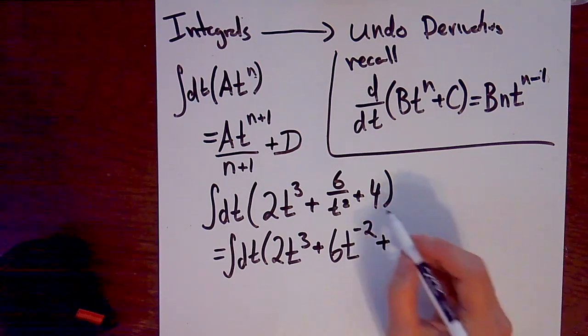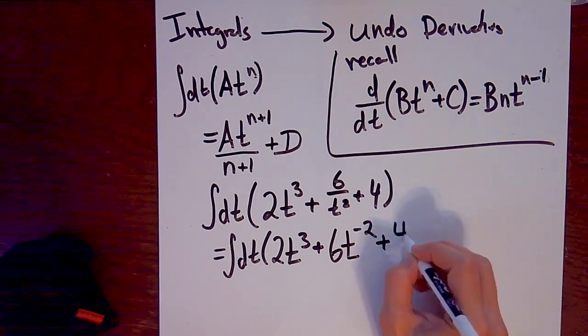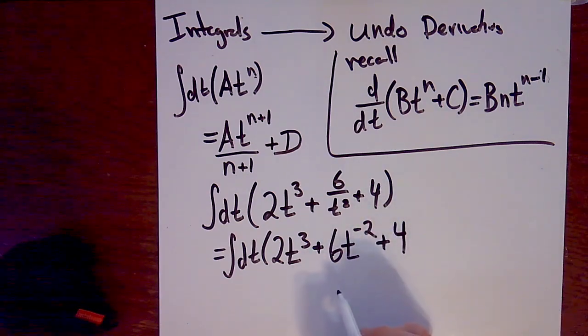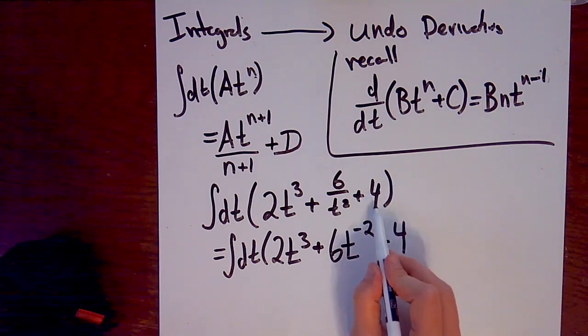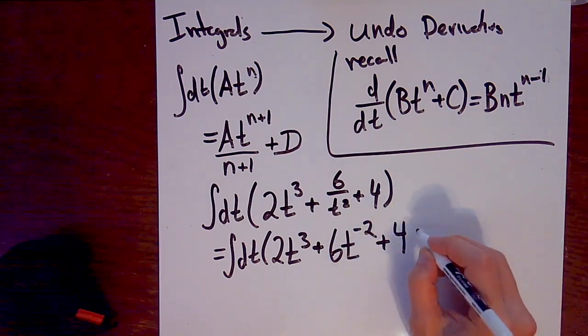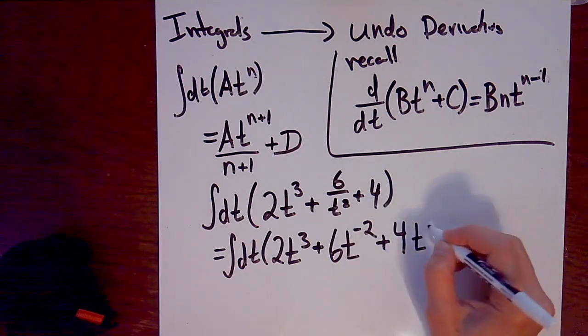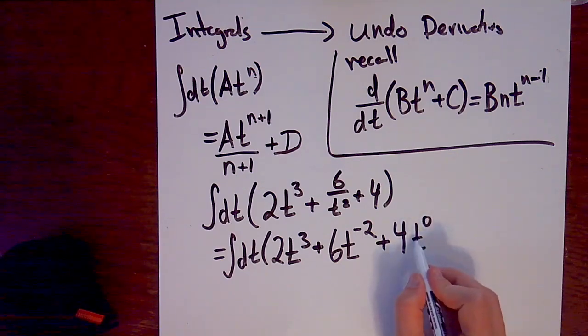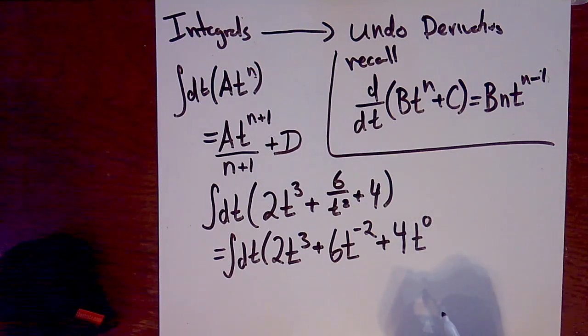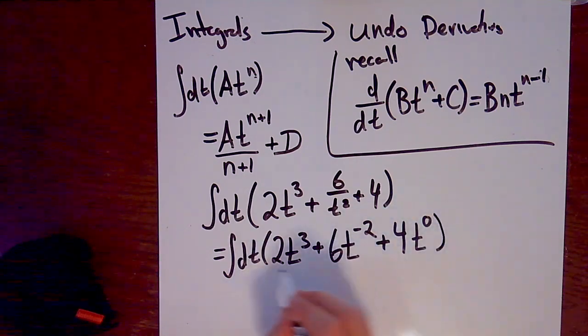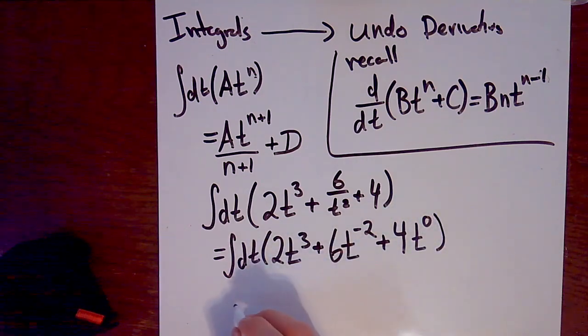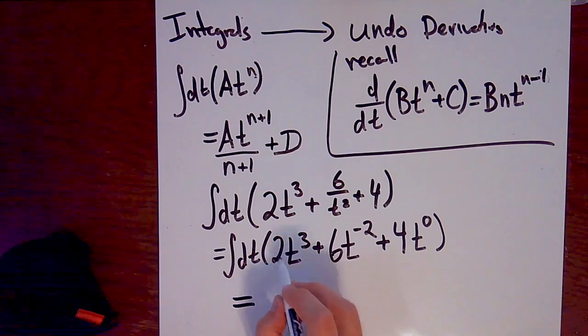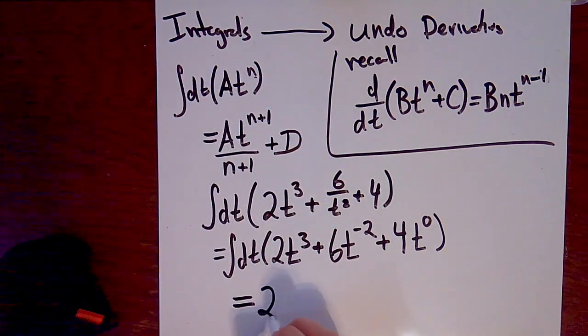but this is equivalent to 4 times 1. I think you'd all agree with me there. So 4 times 1 is 4, but 1 is also equal to anything to the 0th power, including t to the 0th power. So now we are ready to take the integral here. Okay, so 2, that's just like a, that stays in front.